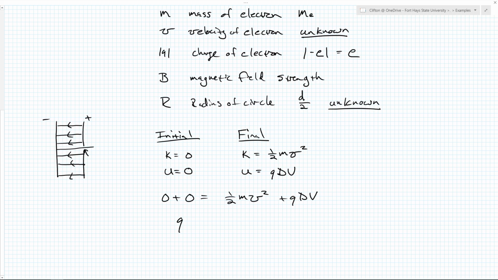Now Q is the charge of the electron, and this has a negative sign in it. So the electron loses potential energy as it travels to the right, which is required for it to gain kinetic energy. And then delta V is the electric potential difference between the left and right plates.